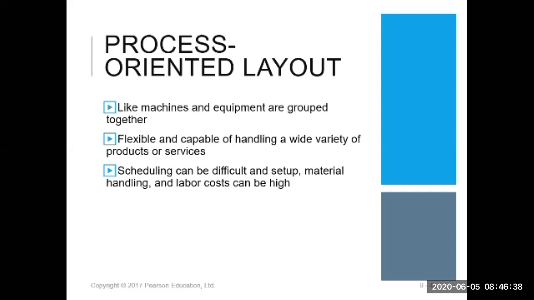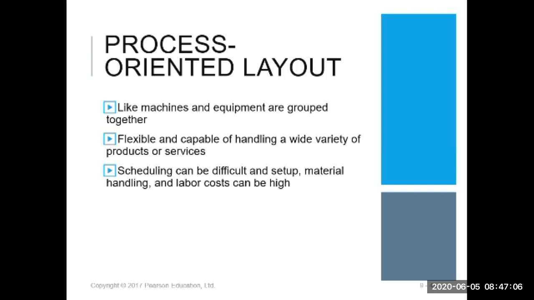But the problem in the process-oriented layout is that because you group machines together, you can produce a variation of product designs. So scheduling might be difficult, and the setup time may be quite high, because in one process you can produce variations of design.